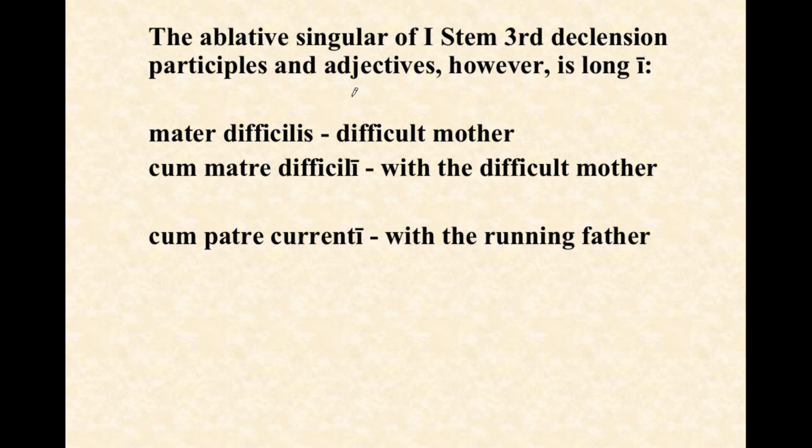Cum matre difficili, okay, with the difficult mother. Cum patre, with the father, but if we add the present active participle, cum patre currenti, with the running father. So again, these are ablative endings.